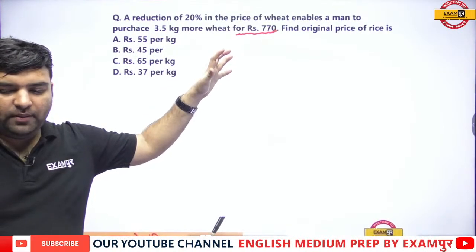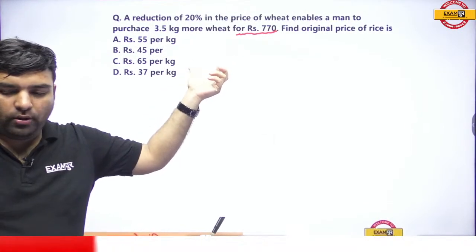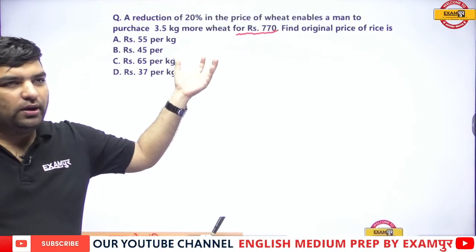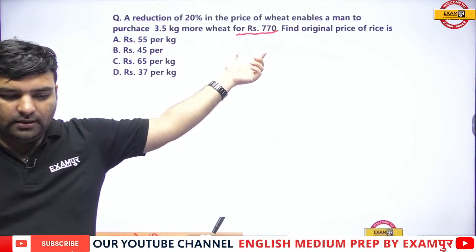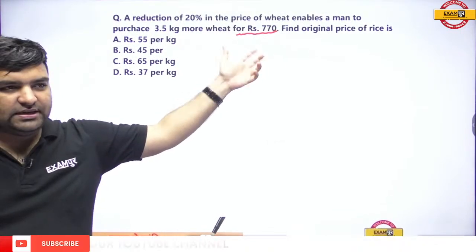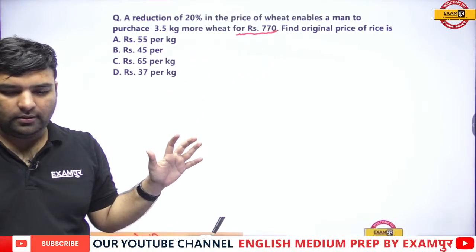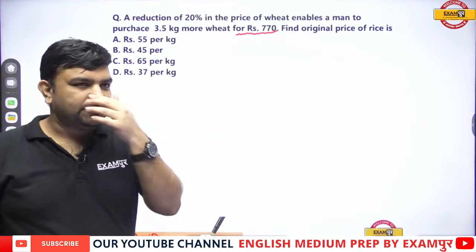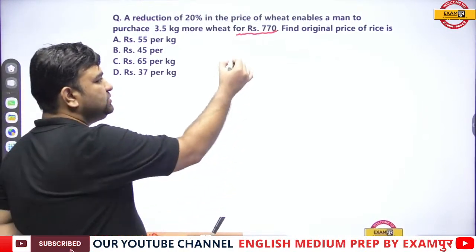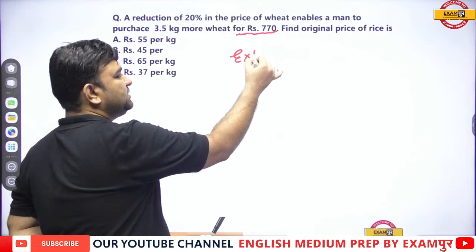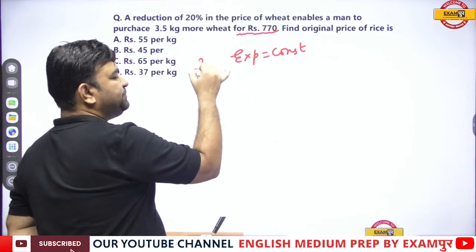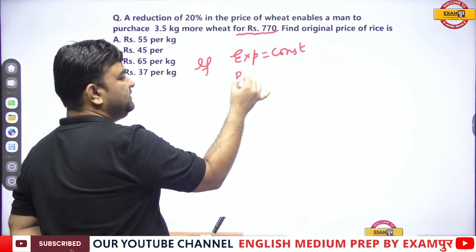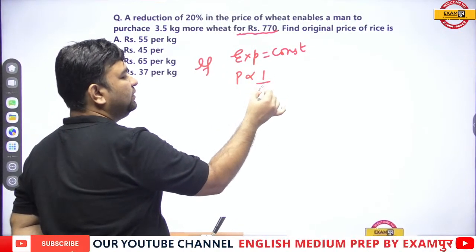That is why you are able to buy 3.5 kg more. But in both the cases, expenditure is 770 only. So I can say expenditure is constant. If expenditure is constant, then price is inversely proportional to quantity or consumption.